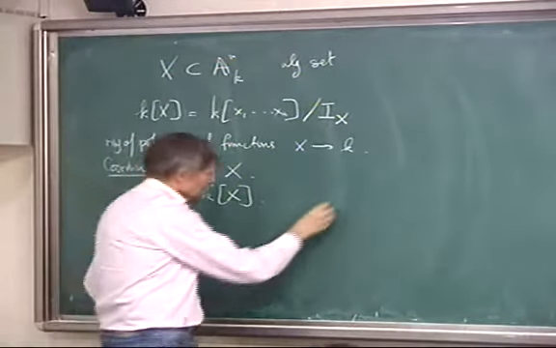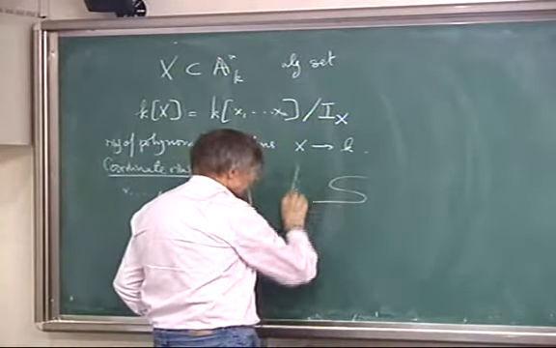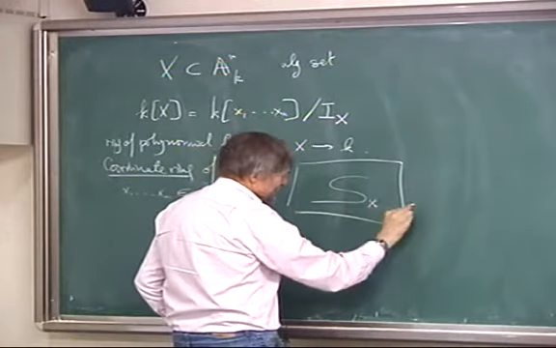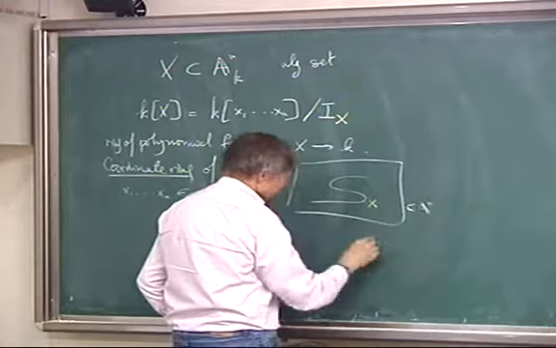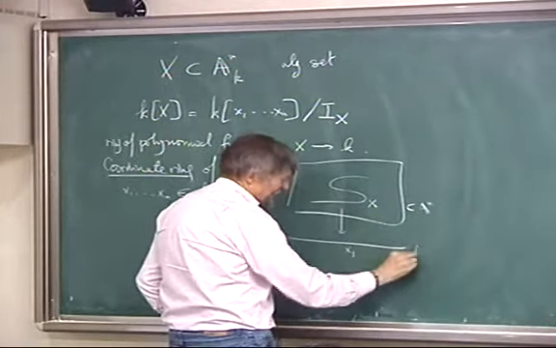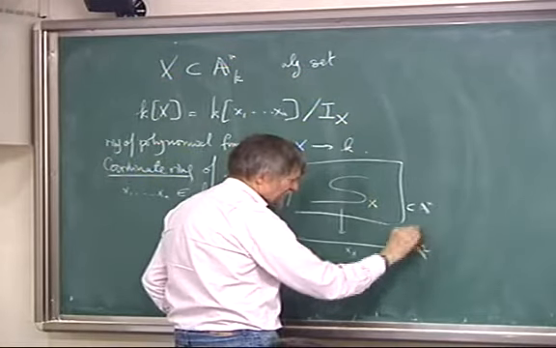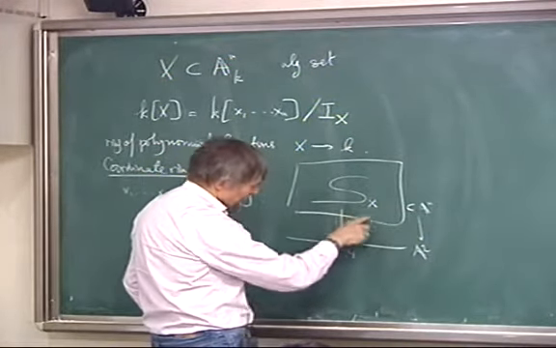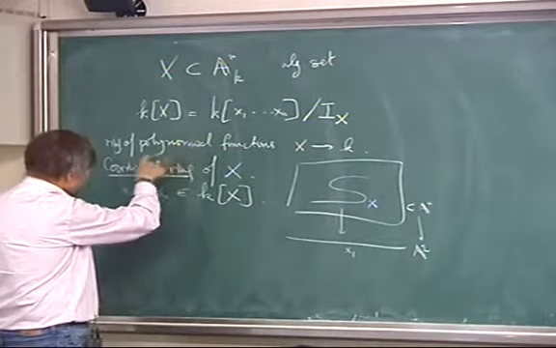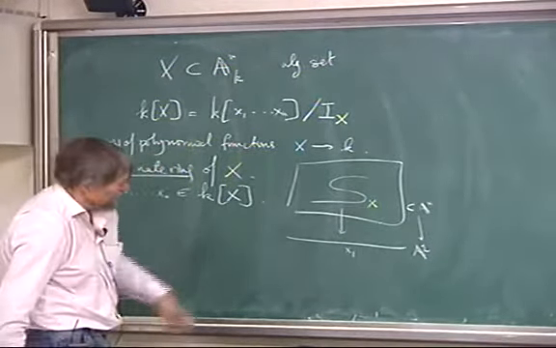So here's my X contained in A^n, and the mapping x1 to a1. This is certainly a function on X, and we're defining it to be a polynomial function.